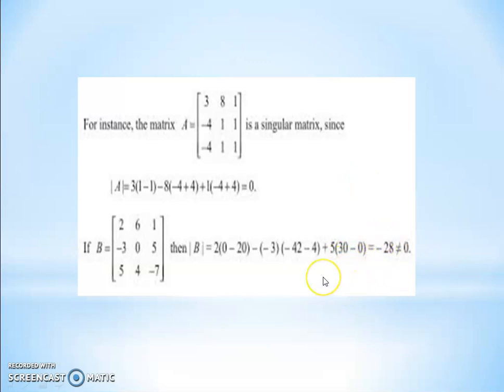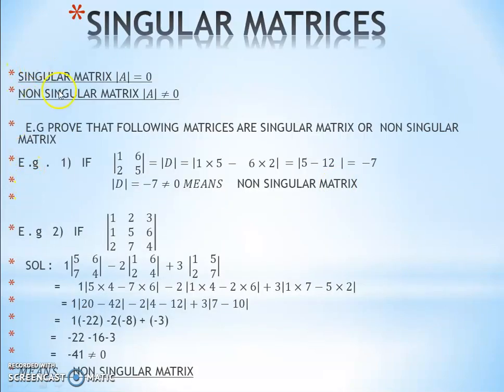Today's lecture depends entirely on verifying singular and non-singular matrices. We have to revise that a singular matrix is when the determinant value is 0, and a non-singular matrix is when the determinant value is not equal to 0.